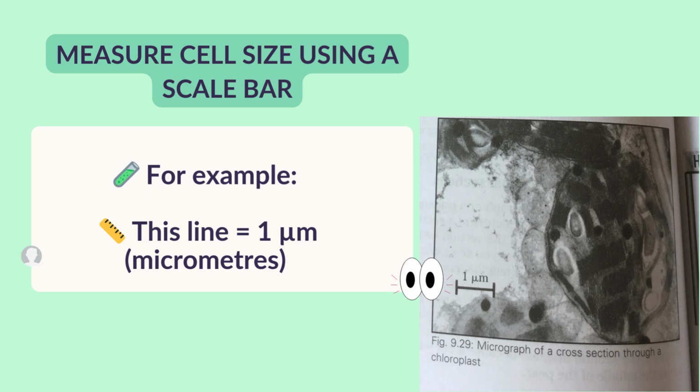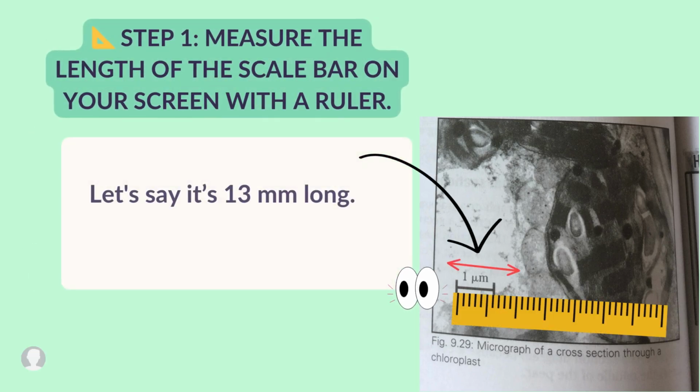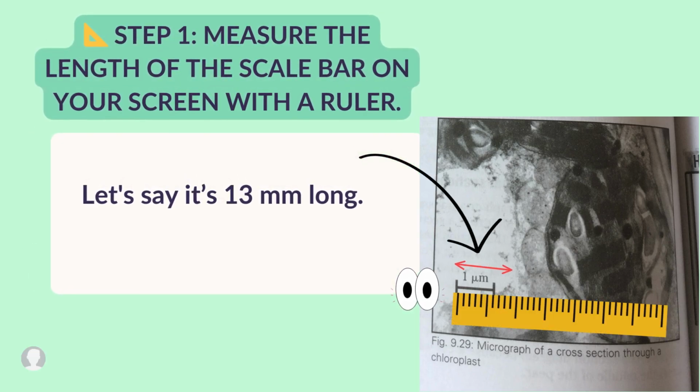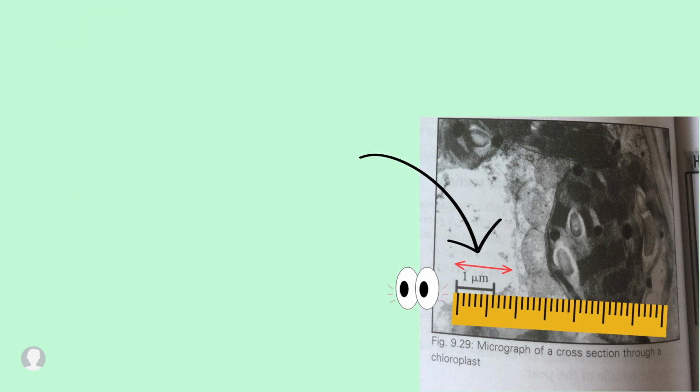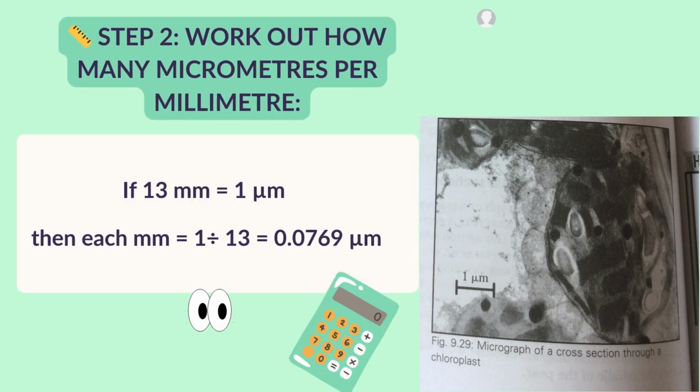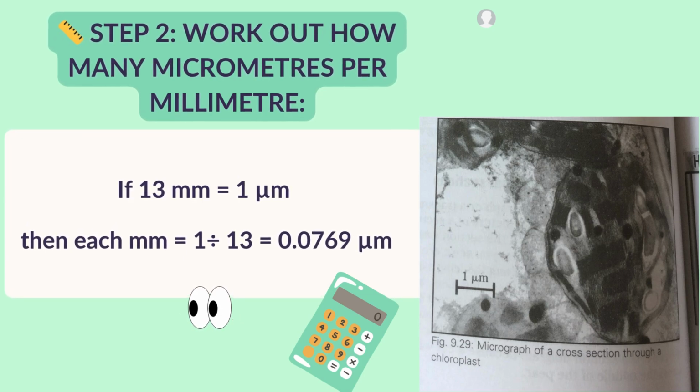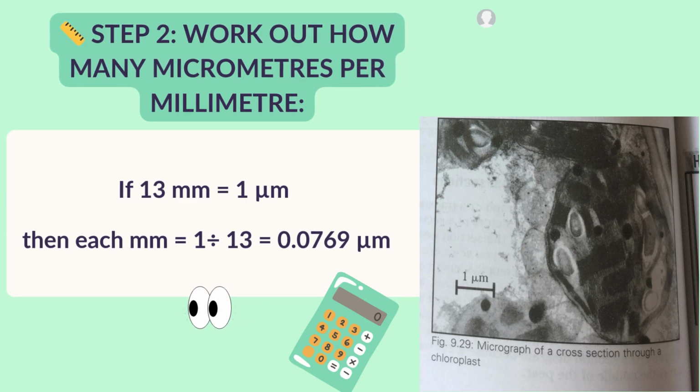First we measure the scale line. We see the scale line is 1 micrometer. We measure it with our ruler, and let's say this one was 13 millimeters long. So every 1 micrometer is equal to 13 millimeters, and we need to convert it into micrometers.